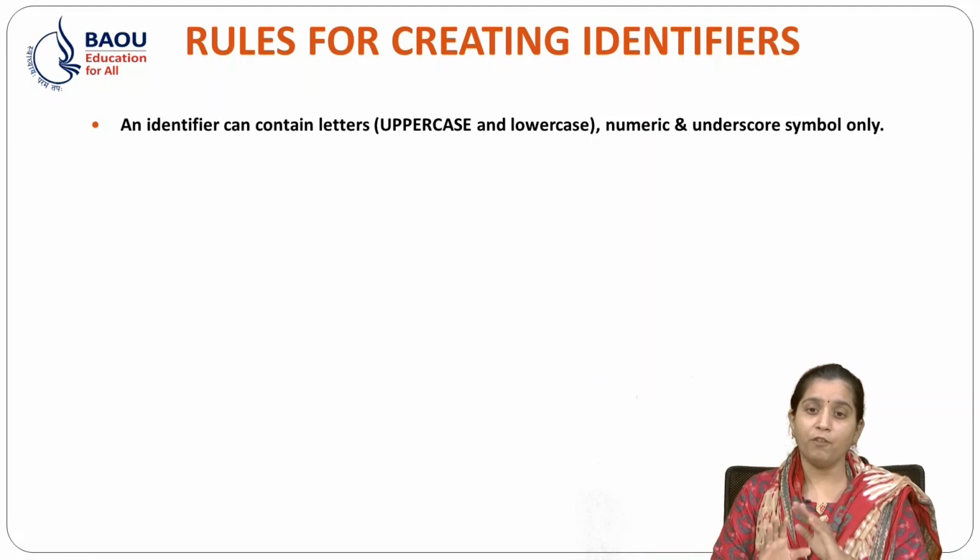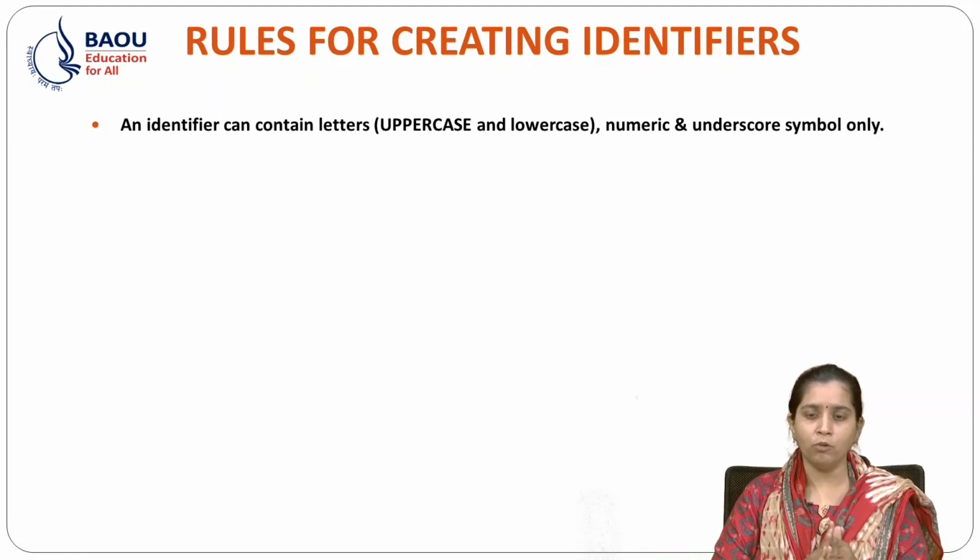So, apart from variable, if I want to declare my own type of name in C++, then we will use an identifier. It carries uppercase letters, lowercase letters, numeric values from 0 to 9 and the underscore symbol only.